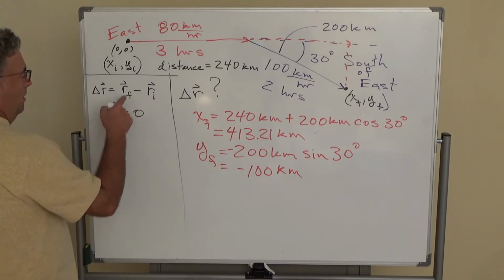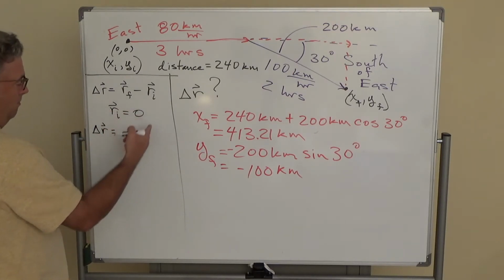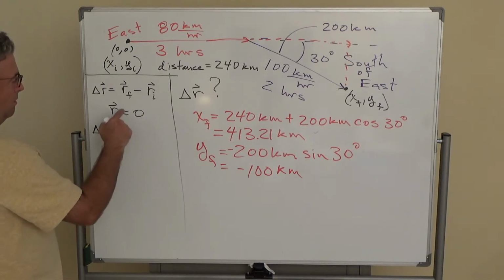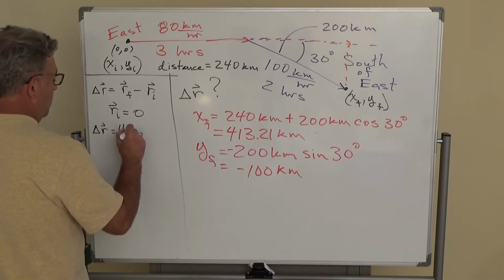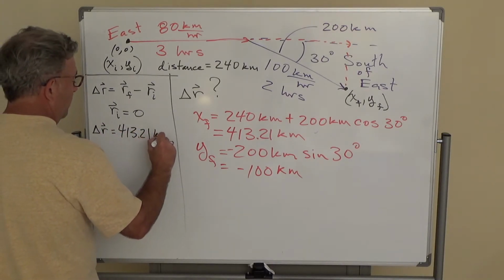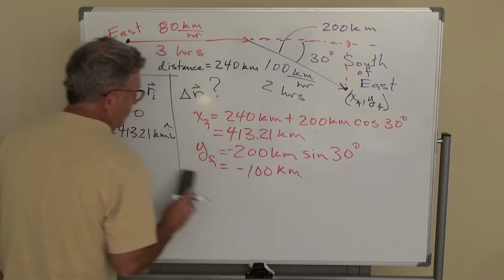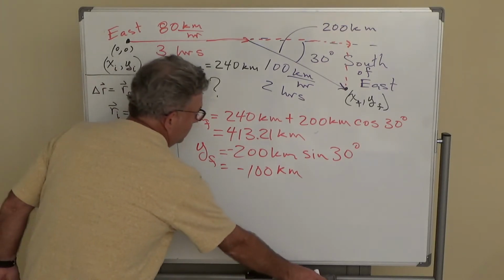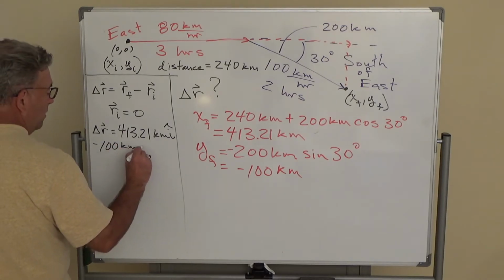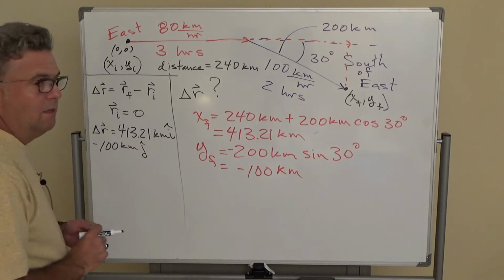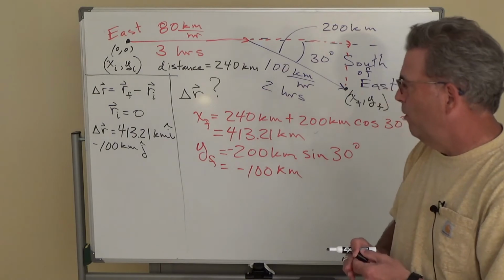R final is just going to be delta R. R final is 413.21 kilometers I hat plus, I could put a plus negative, but oh well, or minus 100 kilometers J hat. That's delta R in component form.